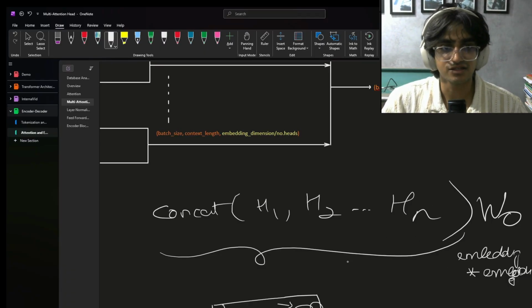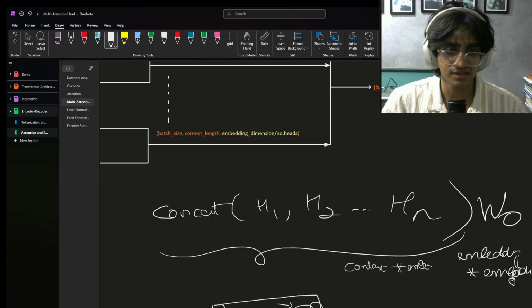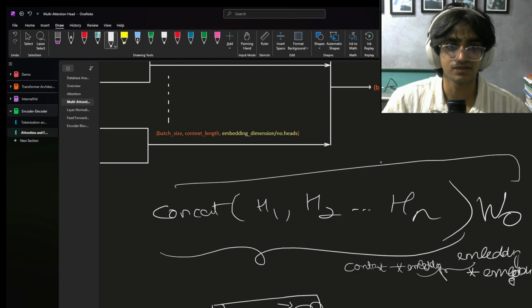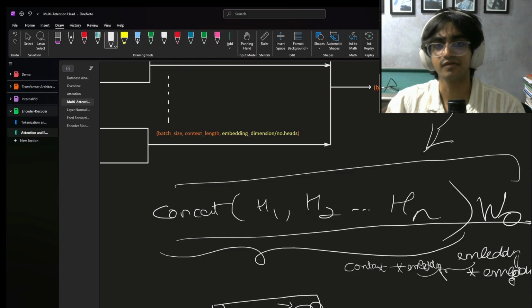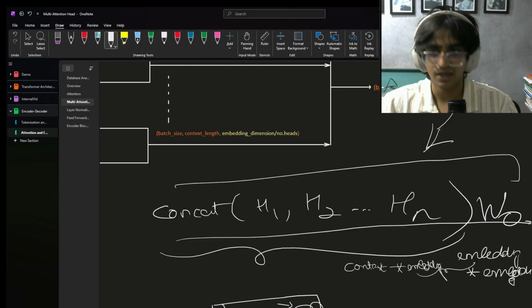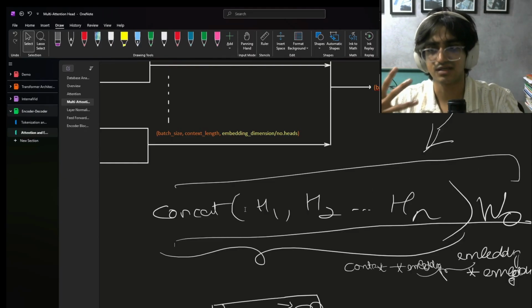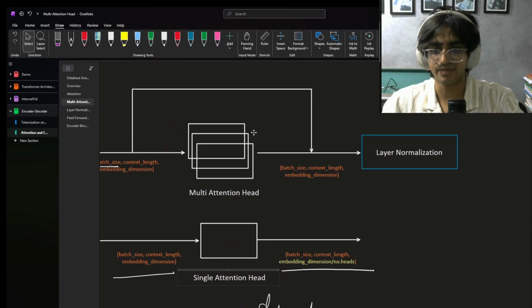So your concatenation ends up with a shape of context length by embedding dimension. Through matrix multiplication, this full expression ends up with the same shape, context length by embedding dimension, which is exactly what we wanted. We wanted our attention head output to be the same shape as our input, as we mentioned earlier.